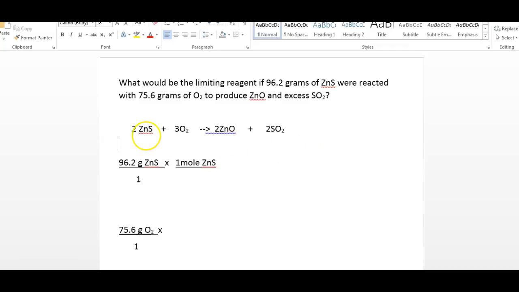Zinc is, if we look in our red sheet, 65.4 per mole.